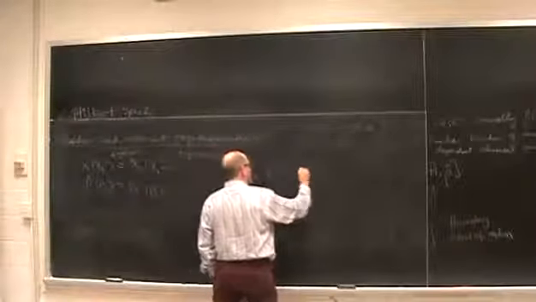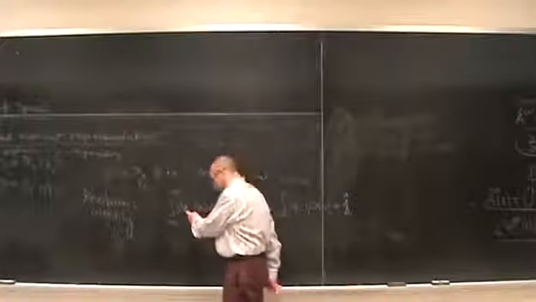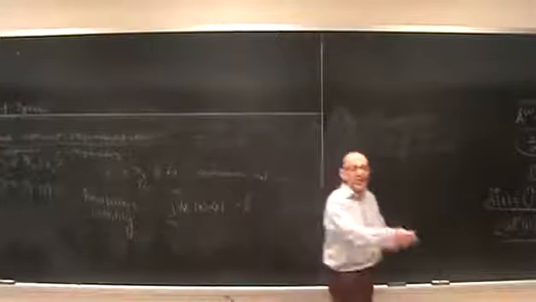But let me just say at least one word here. Firstly, if we look at this expression over here, x has units of length, and this is dimensionless. Similarly here, this has units of momentum, mass times velocity, and this is dimensionless. Which means that these kets or bras have units in this case.